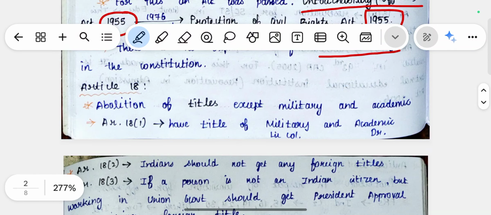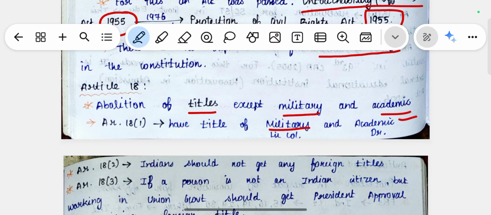Article 18 talks about the abolition of titles except military and academic. A person has the right to have a prefix or suffix by adding military titles like lieutenant colonel, lieutenant general, and academic titles like doctorates.